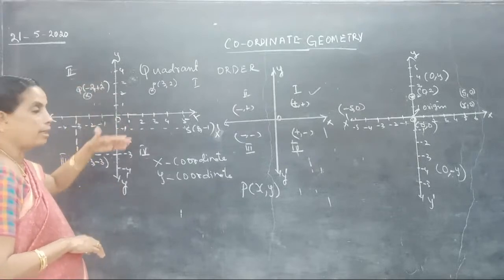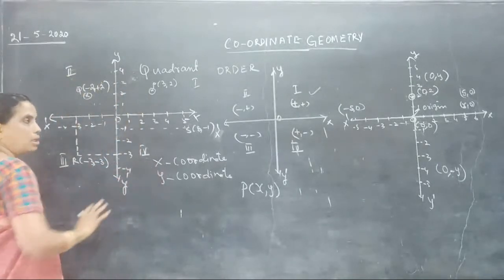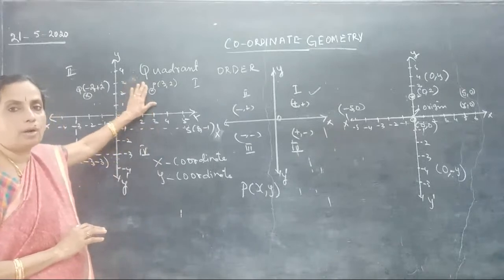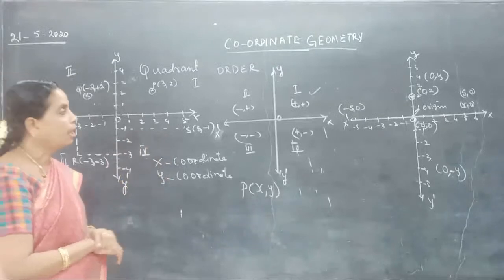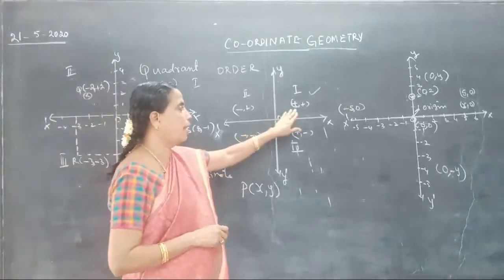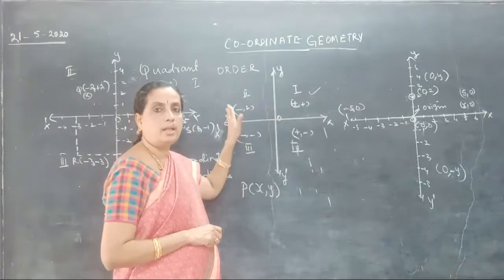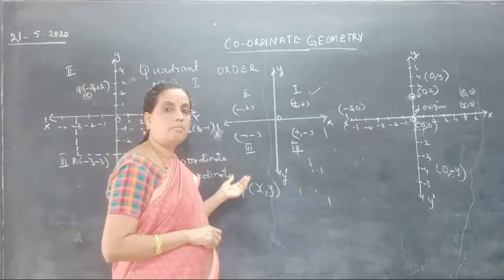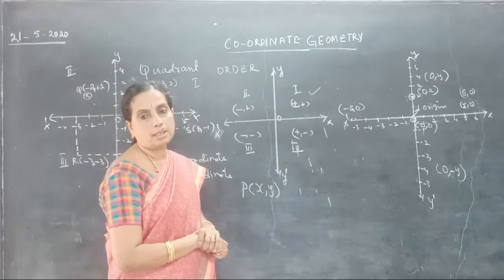So when two axes are perpendicular, here comes the four parts. Each part is called the quadrant. First quadrant, second quadrant, third quadrant and fourth quadrant. First quadrant has the sign plus plus, second quadrant has the sign minus plus, third quadrant has the sign minus minus, fourth quadrant has the sign plus minus.